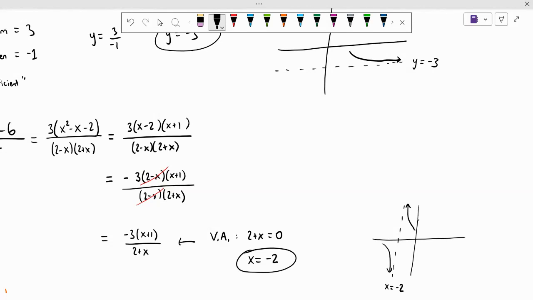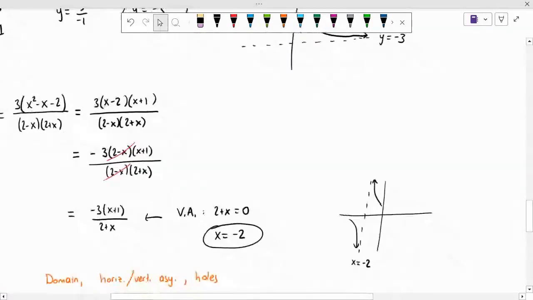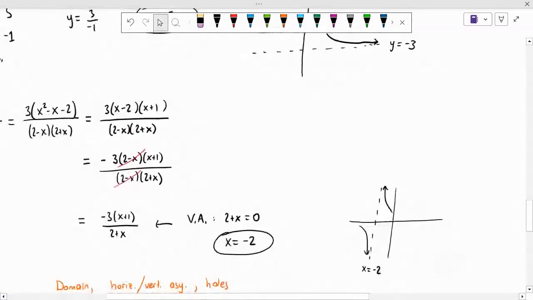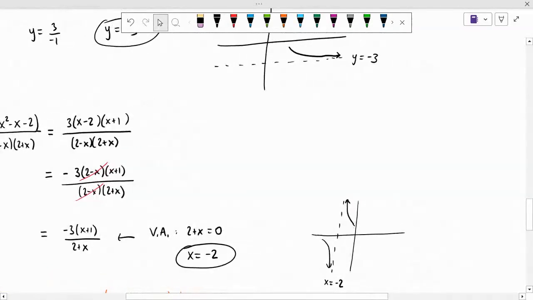At x equals -2, your function gets really close to that line but never crosses it. In this case, it goes down and up forever as it gets closer and closer to -2, but it never actually crosses it or touches it. That's what a vertical asymptote will look like graphically.